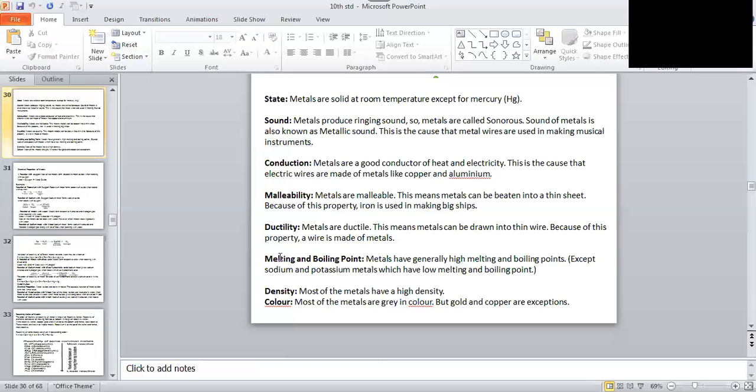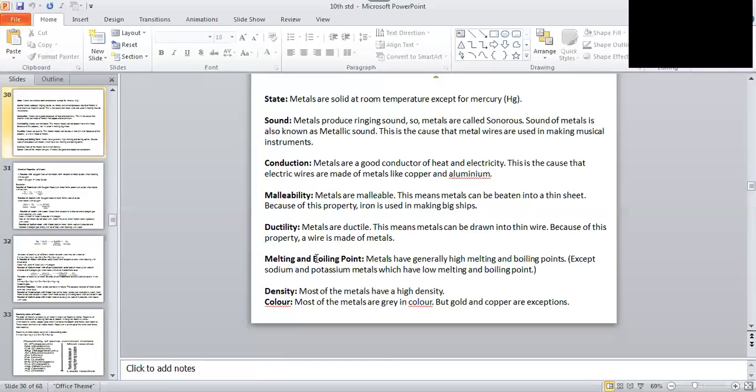Then melting point and boiling point. Melting point is the temperature at which the solid state of a substance is converted into liquid state at atmospheric pressure. Similarly, boiling point is the temperature at which the liquid state of a substance is converted into vapor state at atmospheric pressure.